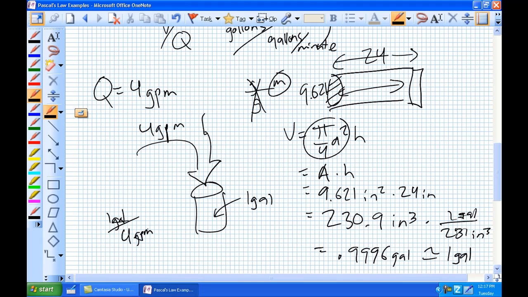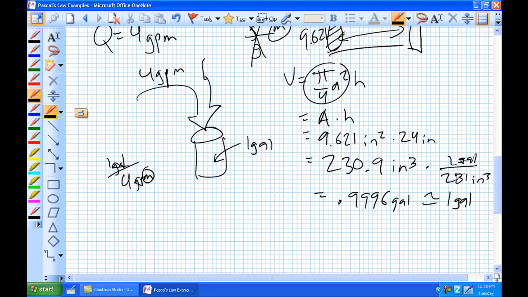Again, the gallons cross out, and you're left with a minute. So 1/4 of a minute, or 0.25 minutes, or 15 seconds, because 1 minute is equal to 60 seconds. So we just figured out the extension speed. It took 15 seconds to extend that cylinder 24 inches.